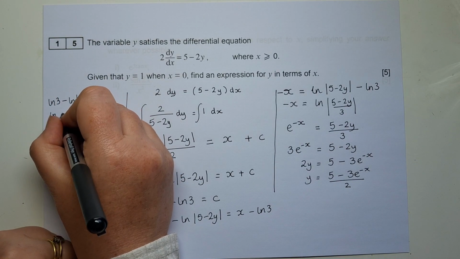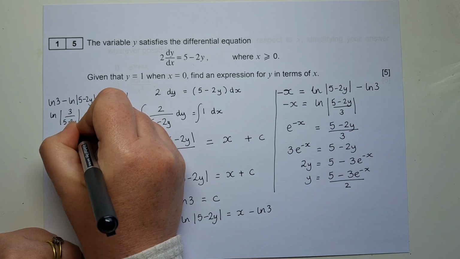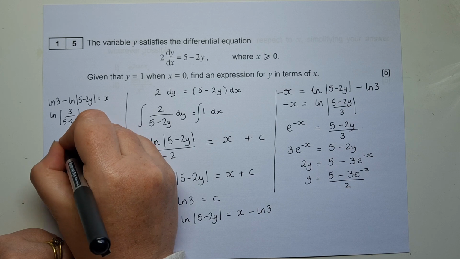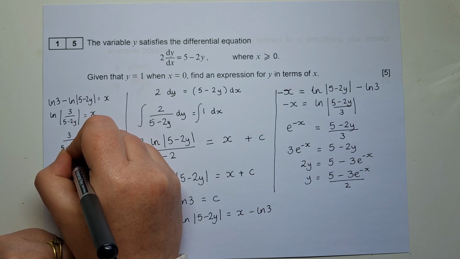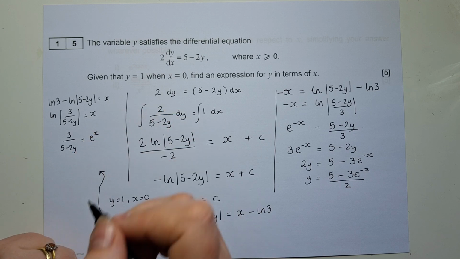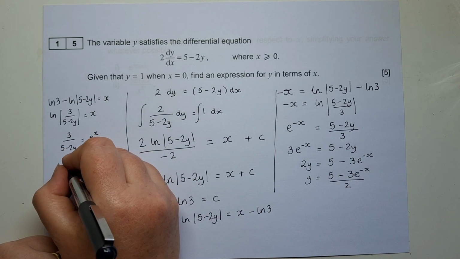That will then be ln of 3 over 5 minus 2y equals positive x. When you get rid of the ln, you will have e to the x rather than e to the minus x. But we've then got the y on the bottom, so we need to bring that up onto the top.